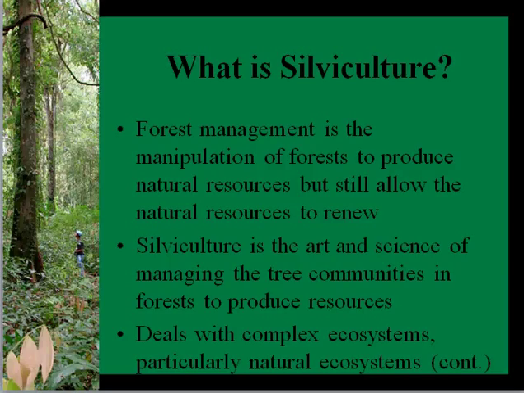So silviculture is the art and science of managing tree communities in forests to produce resources, and those resources may be timber, and it usually is timber because that's the most economic resource at the moment, but it can also mean other things like rubber, spices. It could mean wild meat in that forest. So changing that forest to produce a resource is the main goal of silviculture.